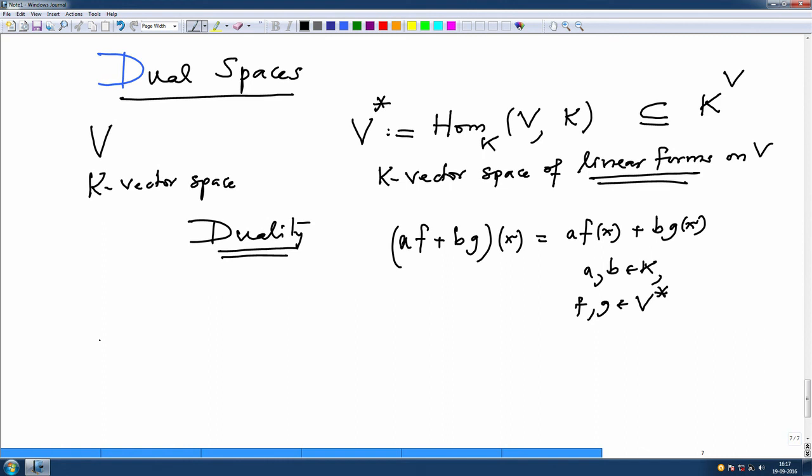So, that is the vector space structure, and remember the most important thing we have done in the earlier lecture is, let us take the finite dimensional case first. So, I assume V is finite dimensional, and then we can choose a basis.